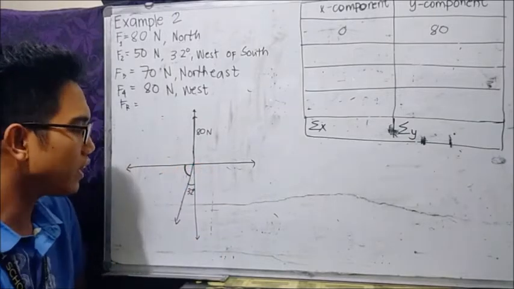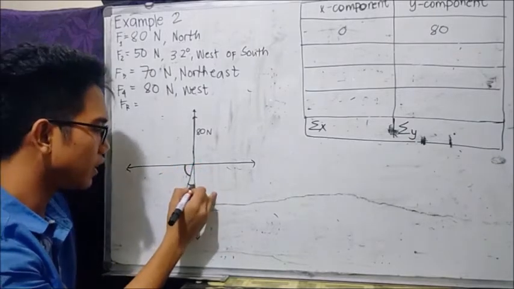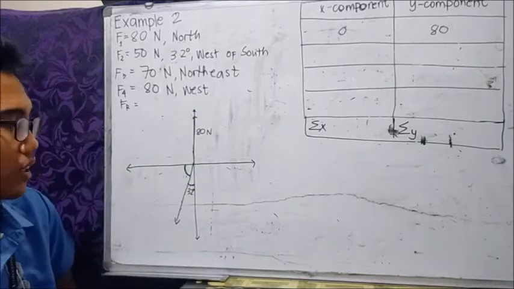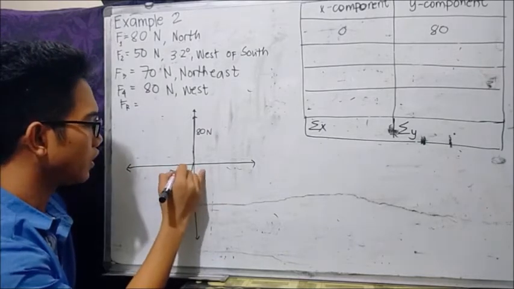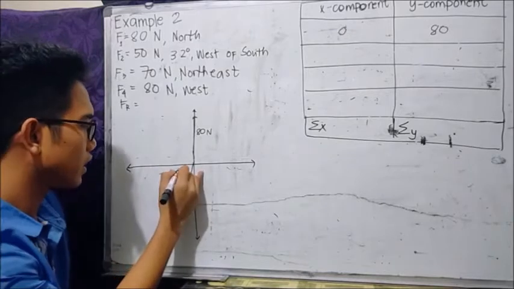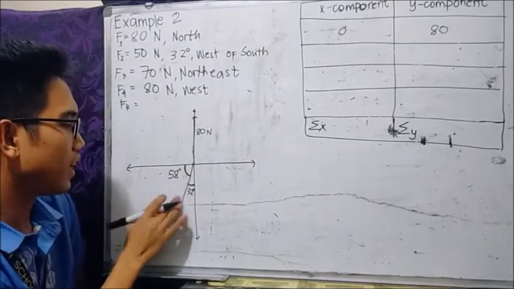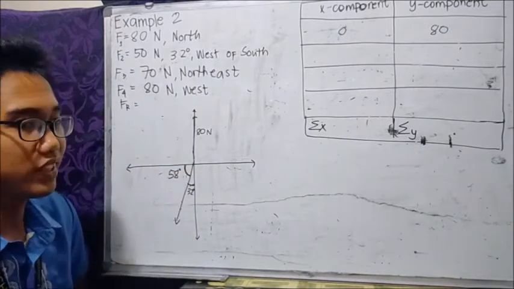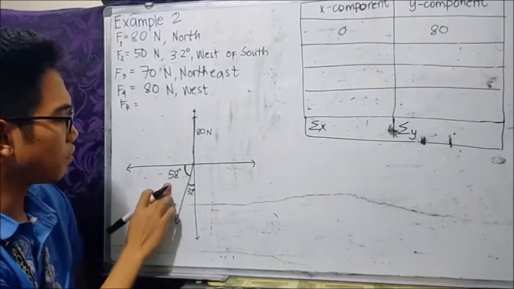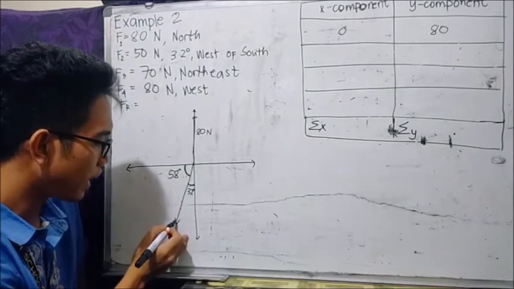How wide is this angle? If this is 32 degrees, then the other angle could be 58 degrees. Am I right? 58 plus 32 is equal to 90. So we are going to use that angle.